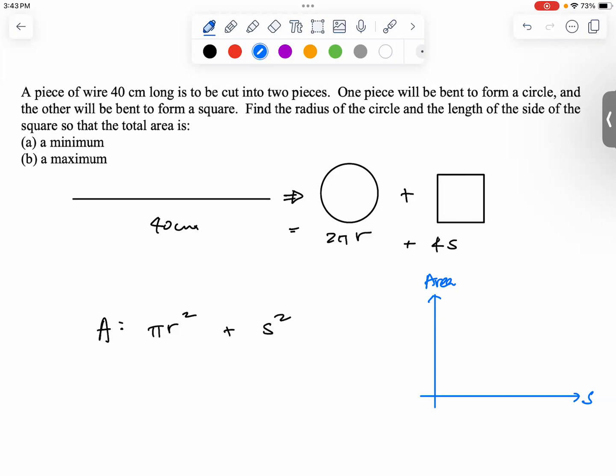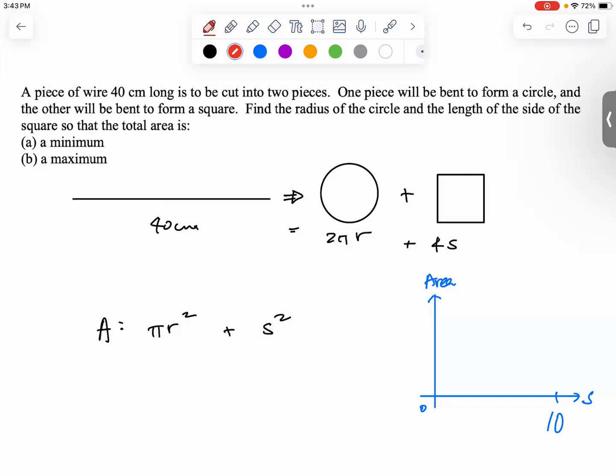Why is the side length of the square better? Well, can the length of the square be infinitely long in this case? We say no. There's a maximum length. What's the maximum length? It would be 10.